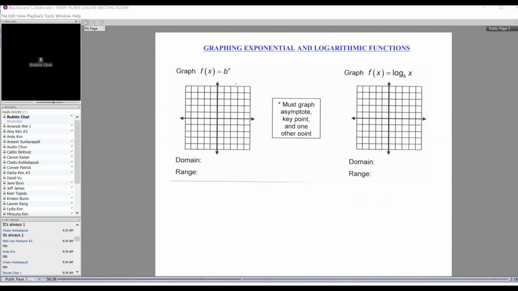And so now we can put it all together. If I have b to the x, 0, 1, and 1, b. I don't know where the b is because I don't know what it is. But I've got this curve. Without messing around with it, it has a natural asymptote at 0, meaning y equals 0.